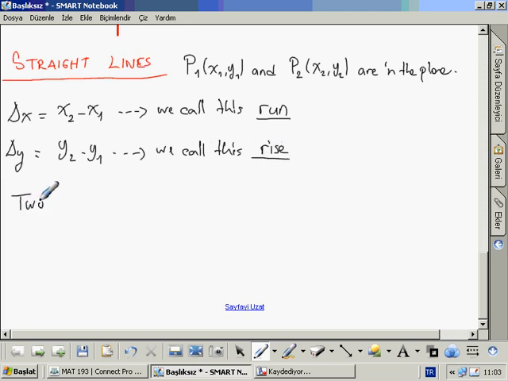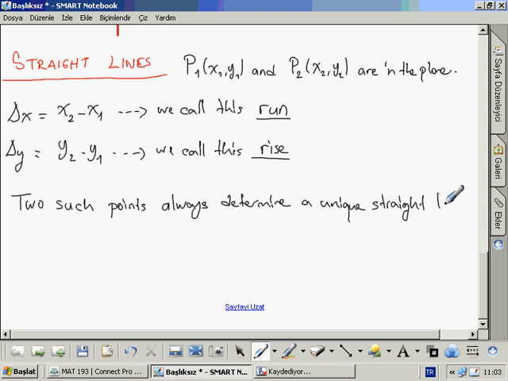Two such points always determine a unique straight line which is passing through them both.